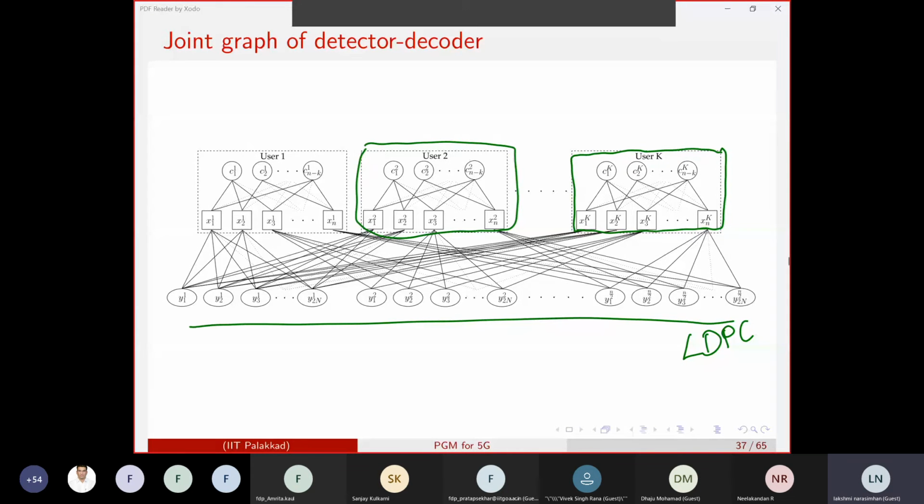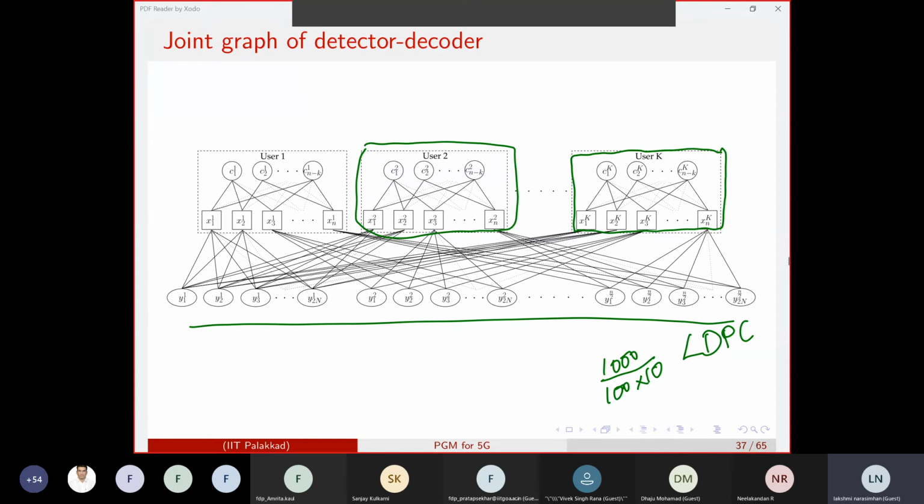Let's say the LDPC code size is 1000 and we have 100 antennas. That means we'll have to wait till we get 1000 received symbols. So we'll wait for 10 different time instances. In 10 time instances, we would have collected 100 symbols each, which all put together will give 1000 symbols.